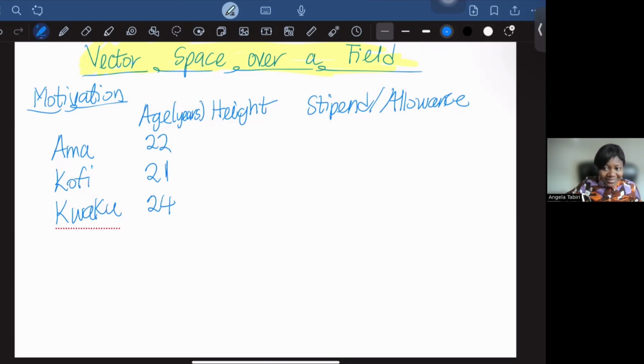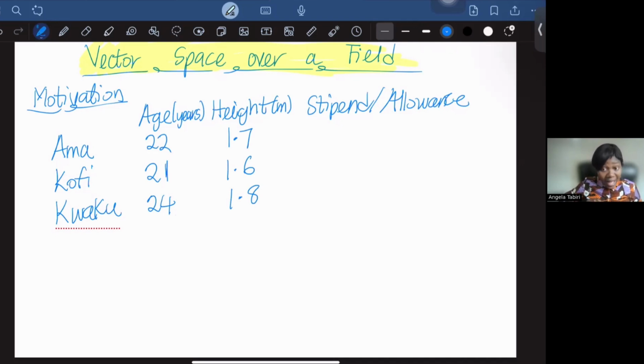So I checked with Ama, and Ama was 1.7 in meters, and Kofi was 1.6, and Kweku was 1.8 meters tall. So I collected this data, but as I mentioned, I want to see how well they are taking care of themselves in terms of their allowances or stipends they live on.